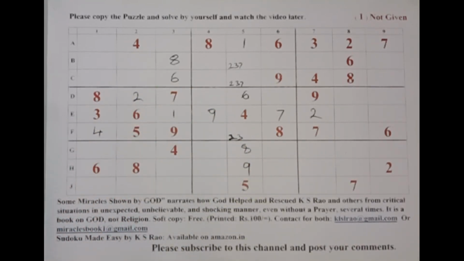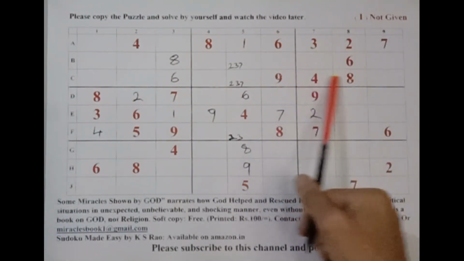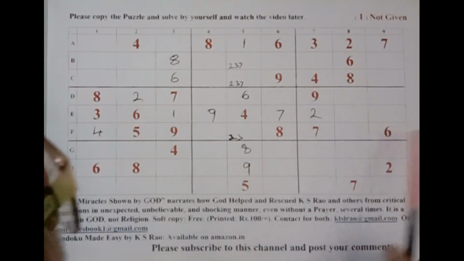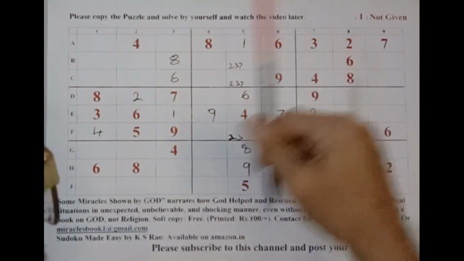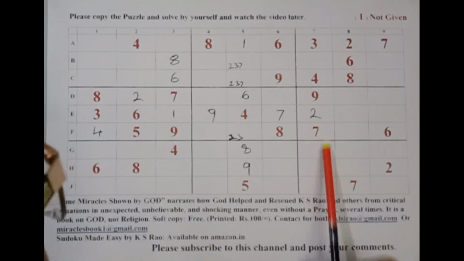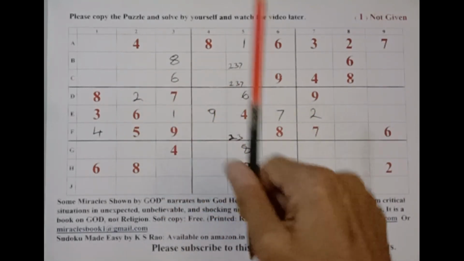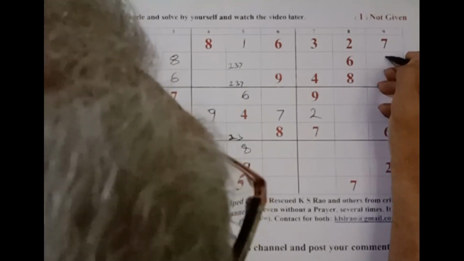Okay. And now, let us think of this box. There are too many numbers there. Can anything be done now? Let's see. We require 1, 5, and 9 for completing this box. We find a 9 in row C and we find another 9 in column number 7. Therefore, the logical place, the only place for number 9 in this box is here.